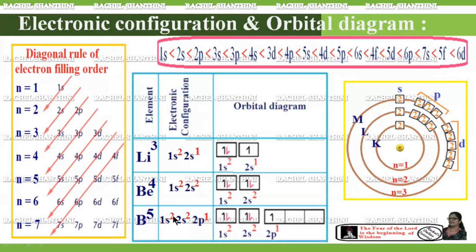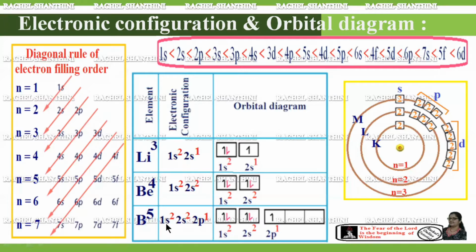So 1s2. Then for 2s also, it can accommodate how many electrons? 2 electrons. So 2s2. So totally 4 electrons we have written. Remaining 1 electron we have. So coming to the next third diagonal line, we have 2p, right? So we have to write 2p here and write the remaining 1 electron in the superscript of p. So totally 2 plus 2 plus 1, on the whole 5 electrons for boron.